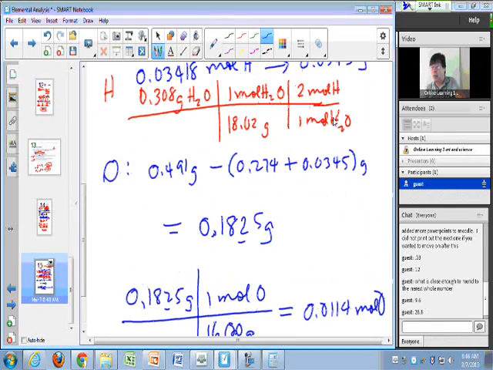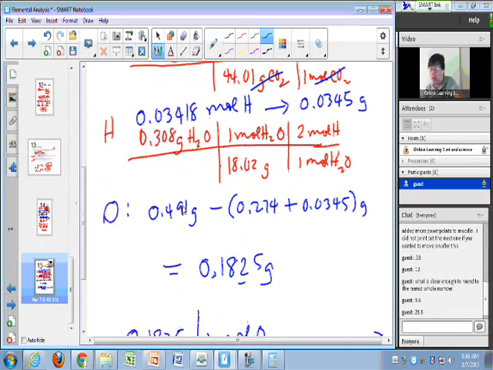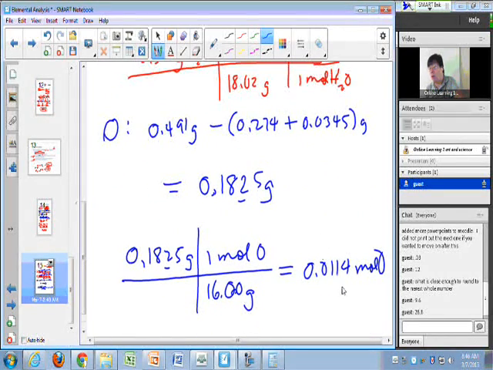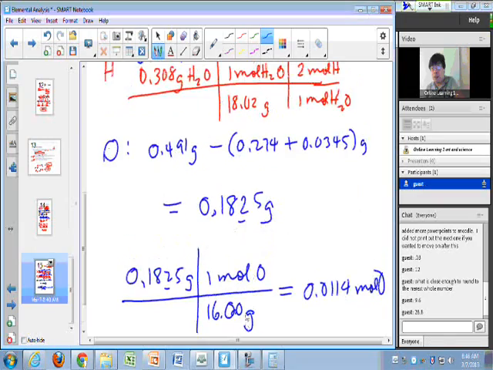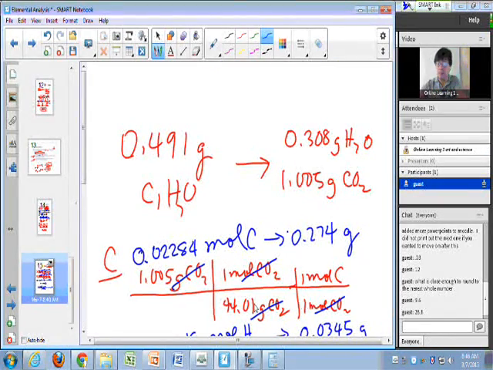So your ratio is 0.02284, 0.03418, and 0.0114. So let's put them all together. Moles carbon is 0.02284.